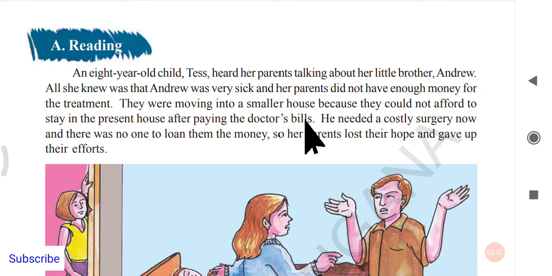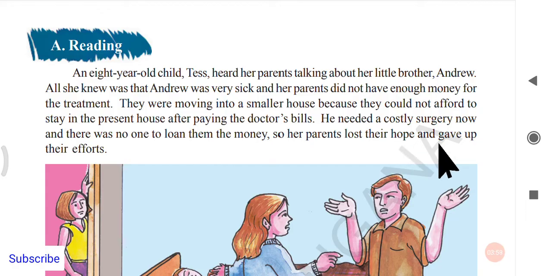Of course they have given some treatment already with whatever money they had, but after paying all the money for the treatment, they cannot afford the present house where they are staying, so they have to move to a smaller house. Next, he needed a costly surgery now, and there was no one to loan them the money.